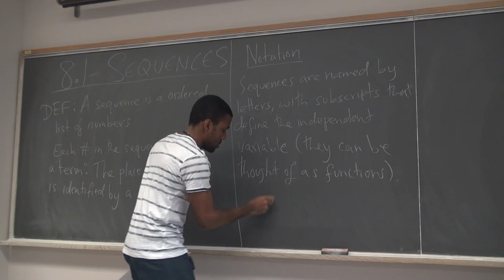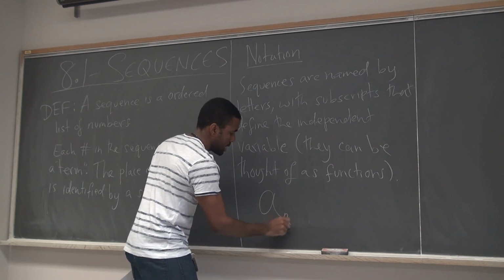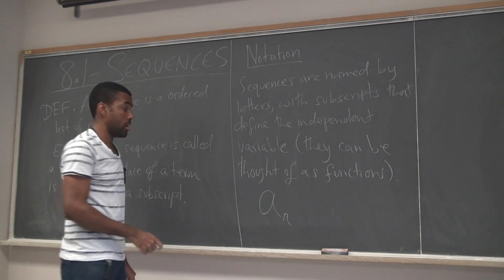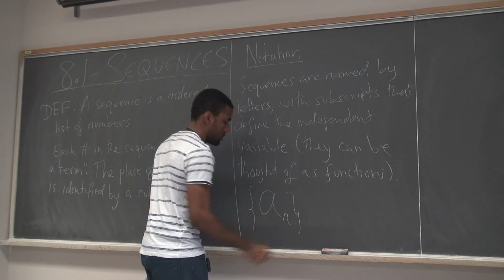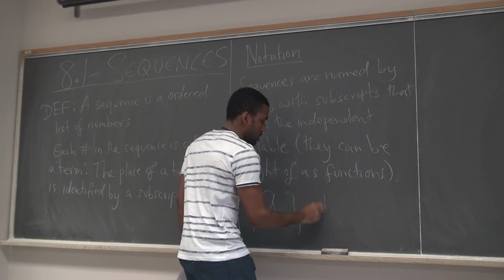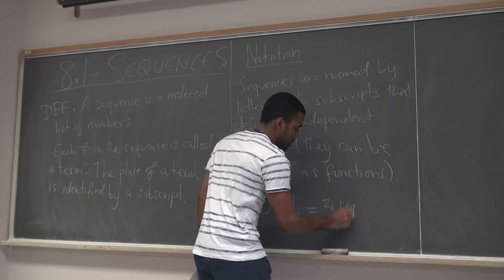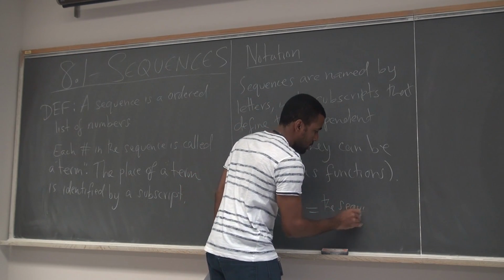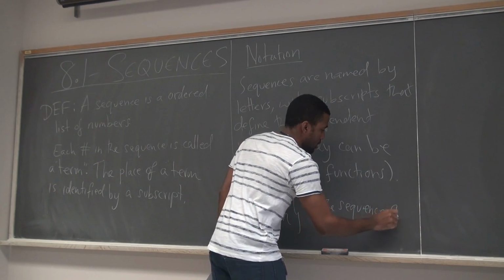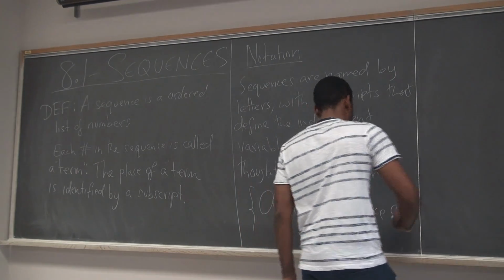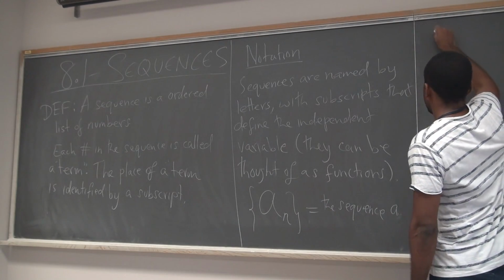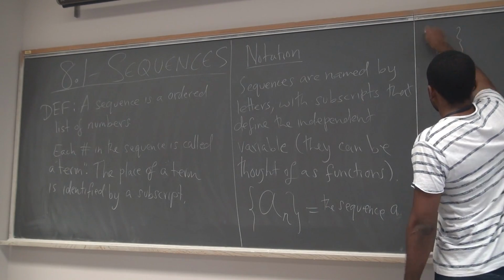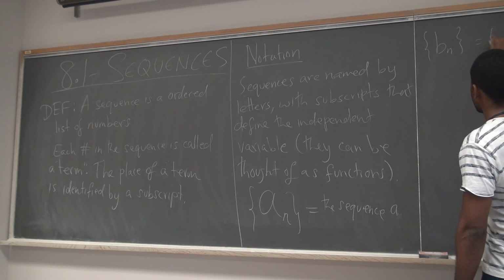For example, I can write a sequence like a sub n. This is the sequence A. Or I could say b sub n. That's just the sequence B.